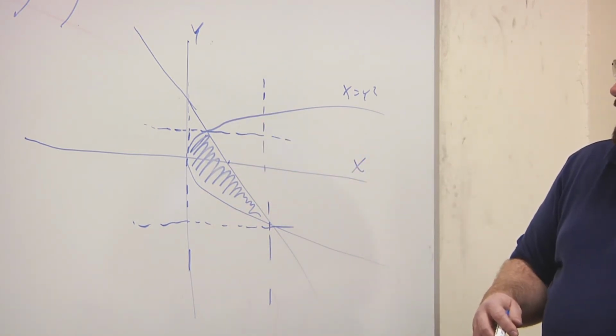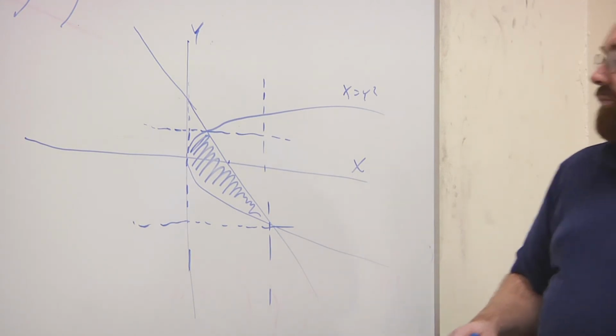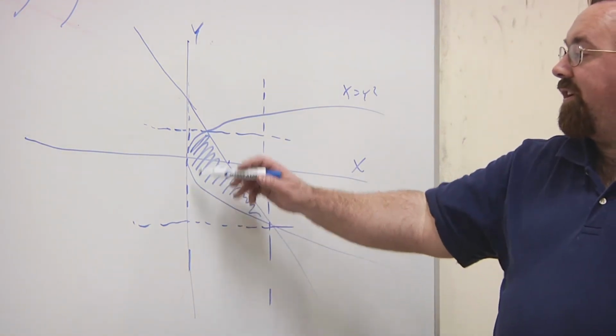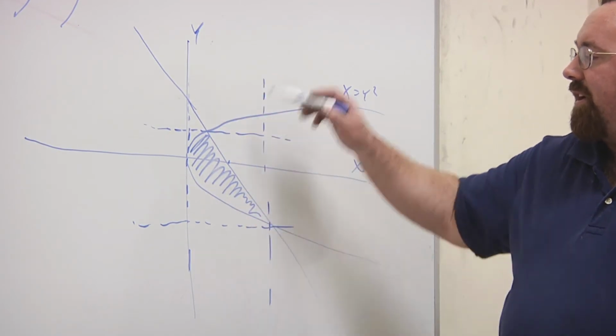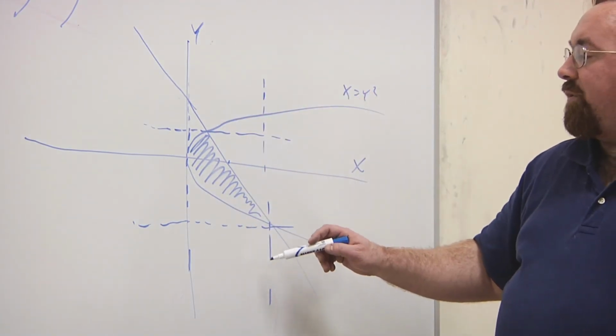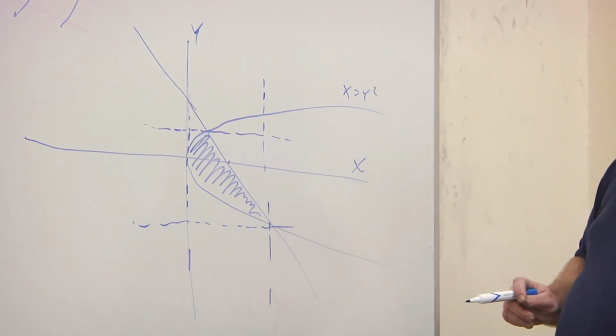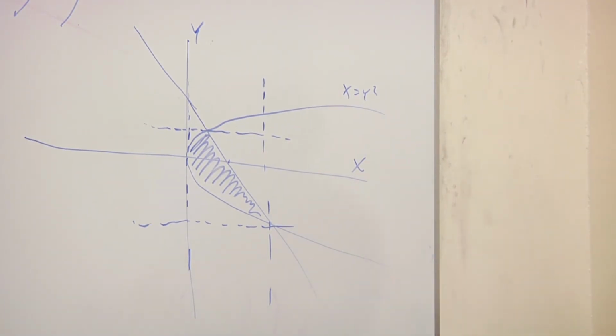Or you can go the other way around, figure out your limits in terms of x, from here to here, and define y being a function of x to get you a limit. So whichever way works best. Because some choices may cause you to have to break up the integral, and other choices you don't. So that's something to think about as far as which one is more convenient.